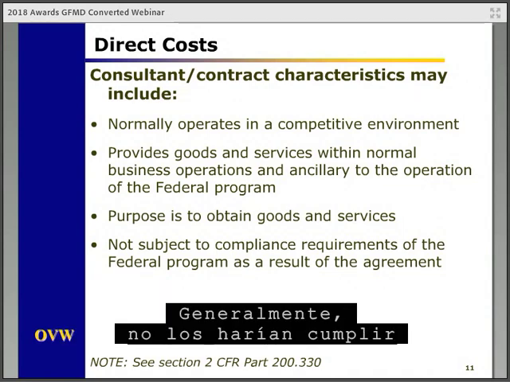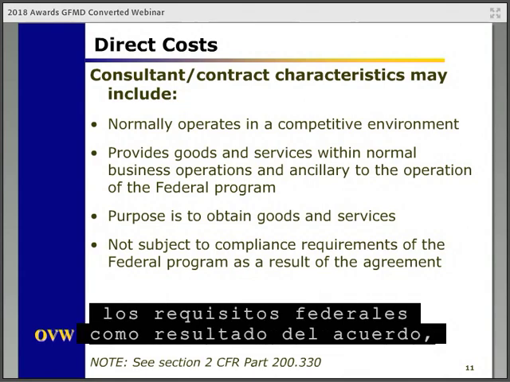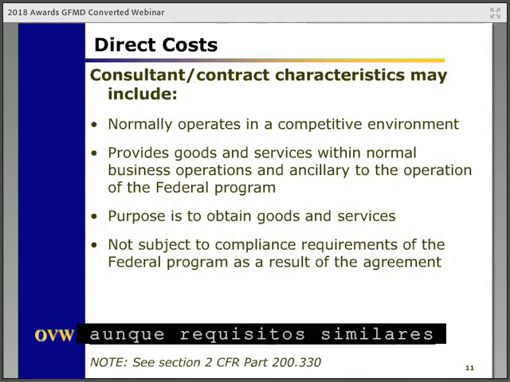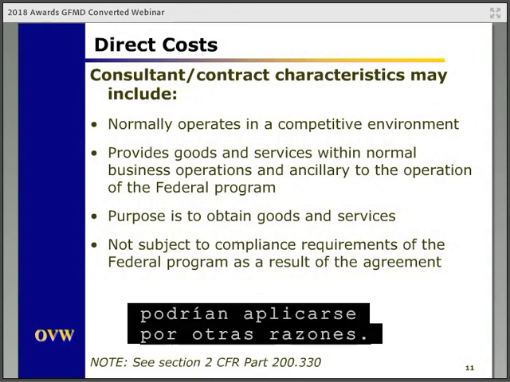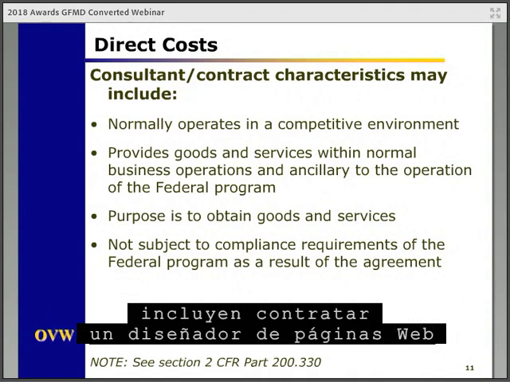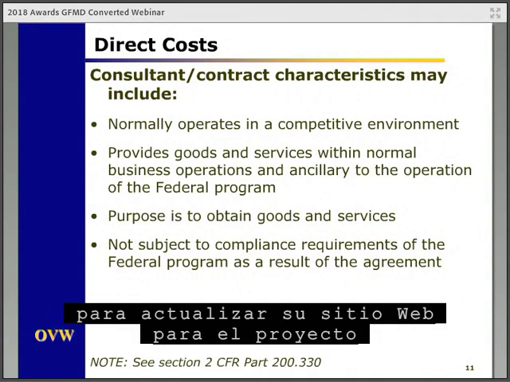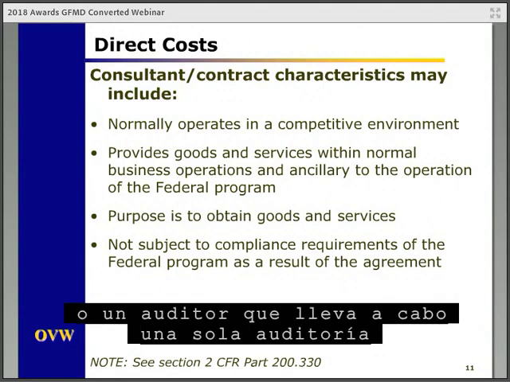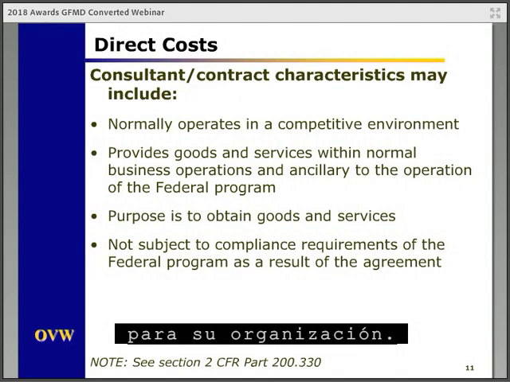You typically would not have them comply with federal requirements as a result of the agreement, although similar requirements may apply for other reasons. Some examples of services that are generally contracts include hiring a web designer to update your website for the project, or an auditor who performs the single audit for your organization.